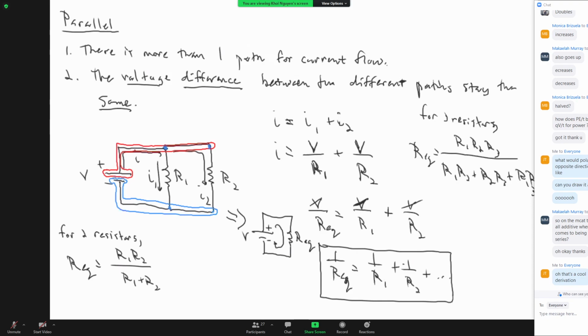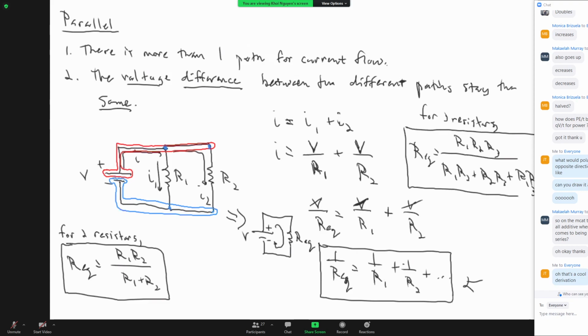In each case, what am I doing? Finding the common denominator, adding them up, and then taking the reciprocal from this equation. Okay? So you can choose to remember each of these individual ones, or you can just do fraction math. Okay?